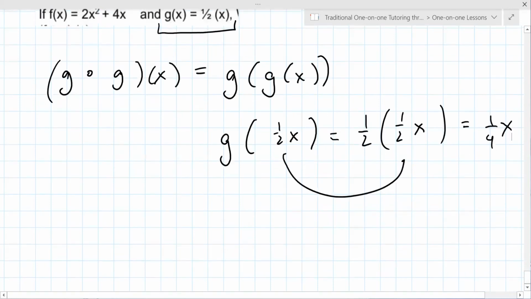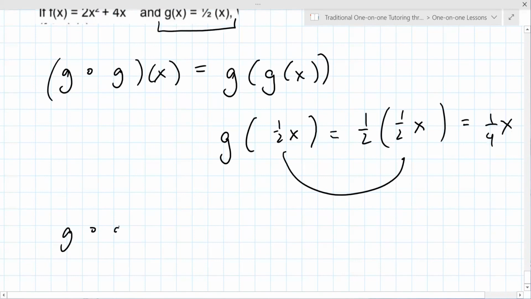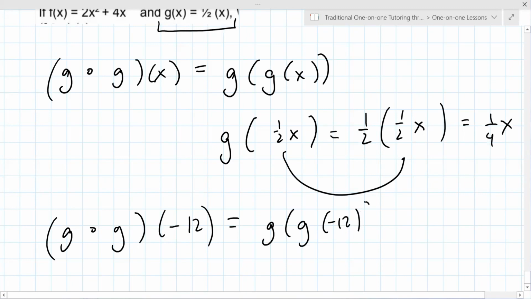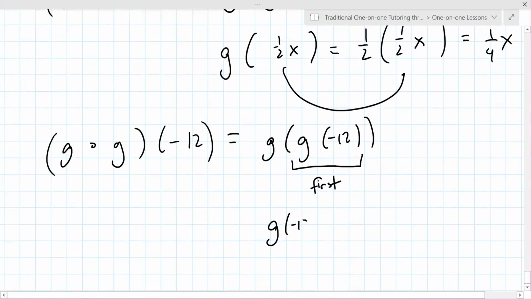Let's say I asked you for g bubble g of -12. This means g of g of -12. So you start here; this is first. What is g of -12? It's 1/2 of -12, which is -6.